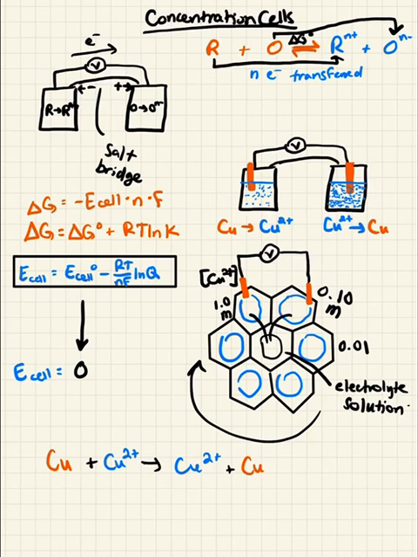The only term that can actually allow us to have an actual measured voltage in this concentration cell setup is going to come from this term here. And because we're specifically looking at concentration, we're looking at differences in the value of Q in our setup.